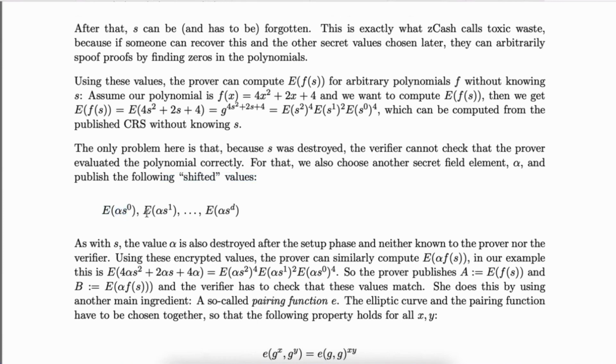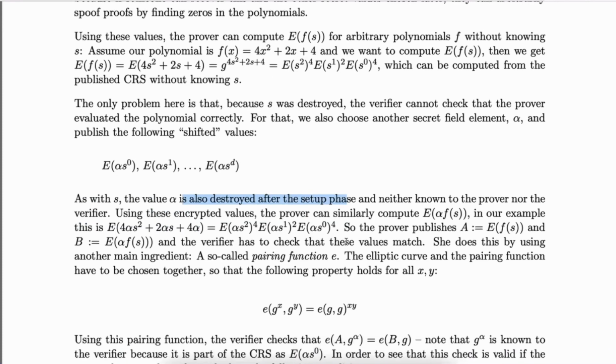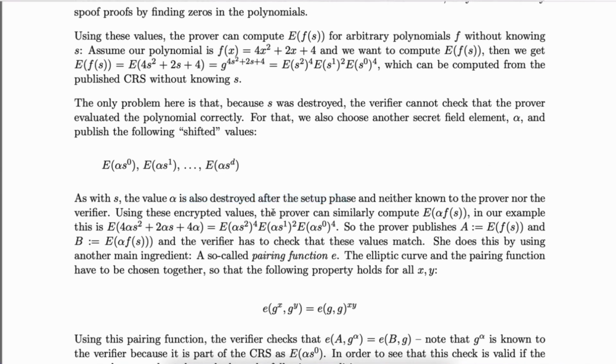So alpha is multiplied by another hidden S. And then alpha is also destroyed. Okay, then this still the prover is computed. Yeah. So the prover establishes. Okay, so the prover is giving two things. This like the first equation and then the second one shifted by alpha. And then the verifier has to check that these values match.